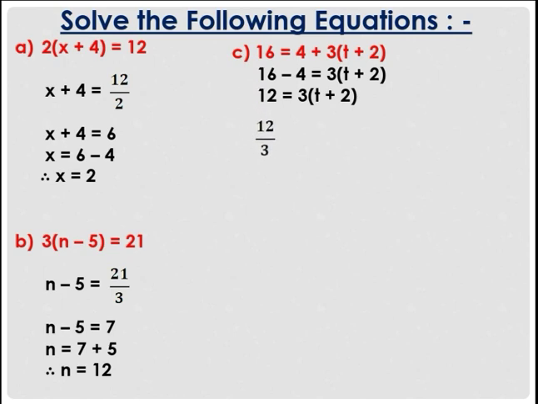So 12 divide 3 is equal to t plus 2. Here 3 fours are 12, so 4 is equal to t plus 2. Now 4 minus 2 is equal to t, because we shifted 2 from RHS to LHS. So therefore t is equal to 2.